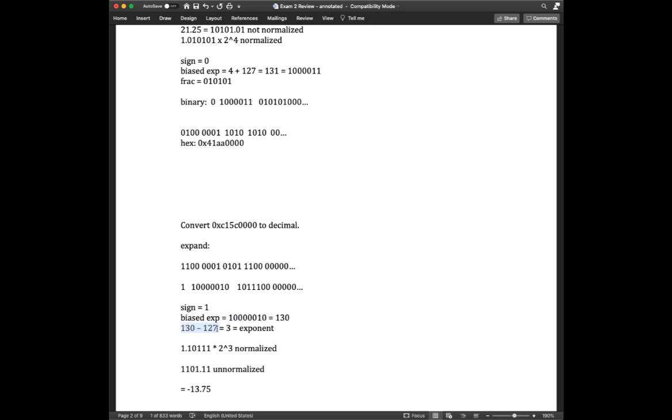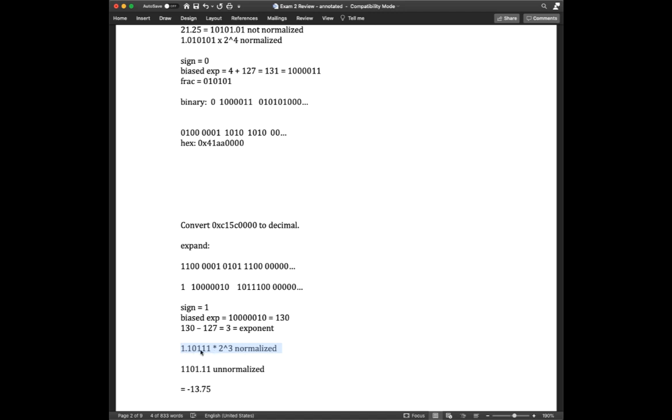And then 130 minus my bias is 3, so my real exponent is 3. I type the 1 dot, again that's not stored anywhere in there, that's assumed. And then I type the fractional part, which I got from here, times 2 to the 3. All right, this is the normalized number.